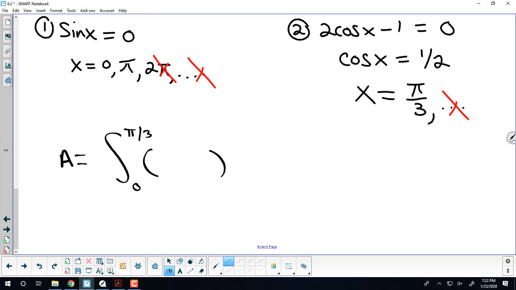And again, in here we want the top function minus the bottom function since our rectangles are running vertically. Top minus bottom, dx, plus the area from pi over 3 to pi. Again, top minus bottom.